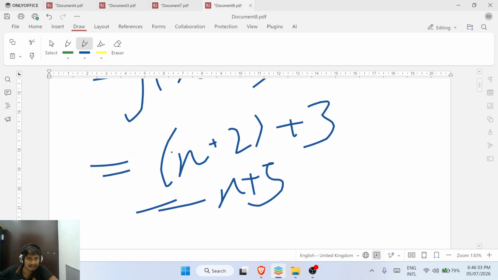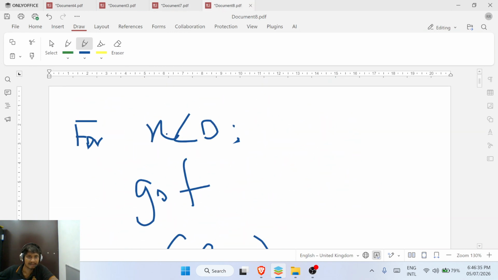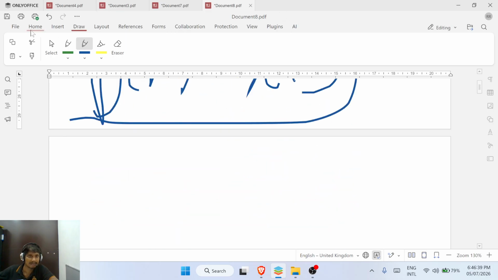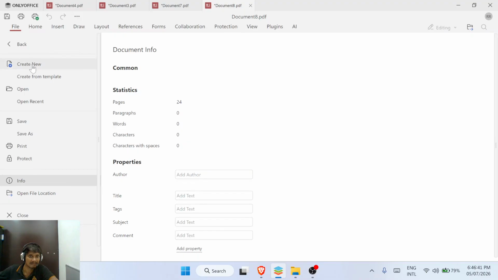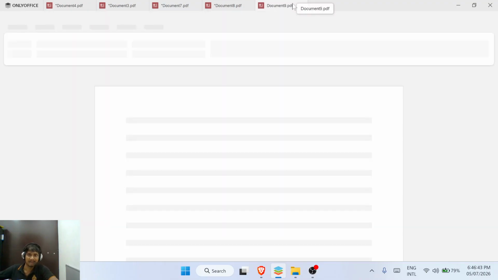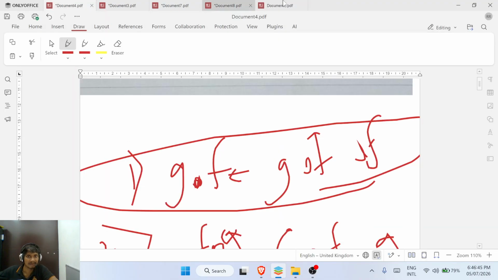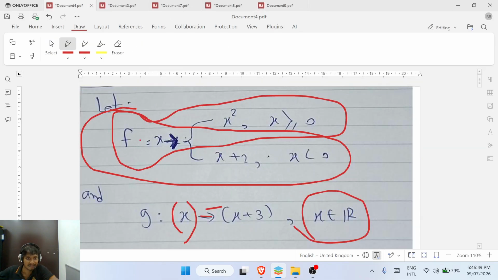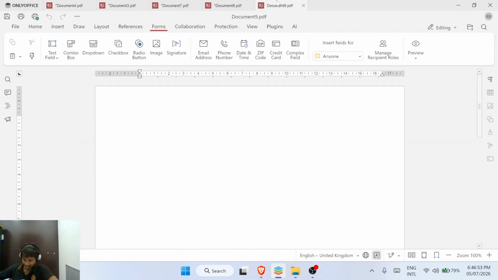For x less than 0, g of f of x is equal to x plus 5. How to mention this? We have to show the final answer in this style. That is very simple.